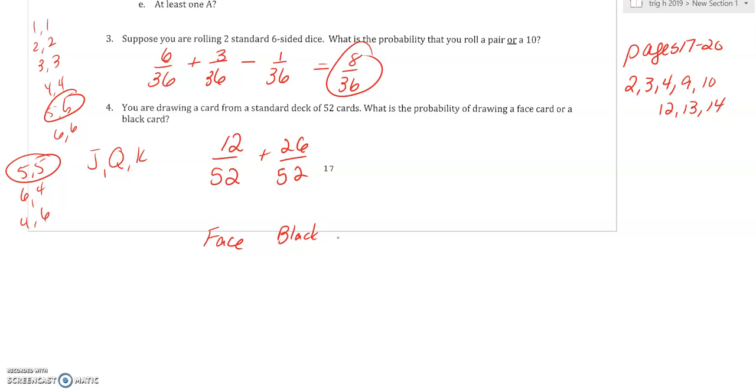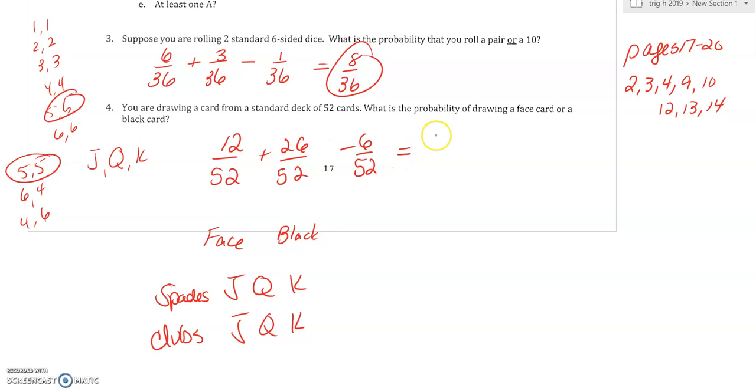And there would be 6 of those because you have jacks, queens, kings of spades, and jacks, queens, kings of clubs. So if you count them twice, subtract them once. That was not a mutually exclusive event. Those were not mutually exclusive events. They had an intersection. So there you go.